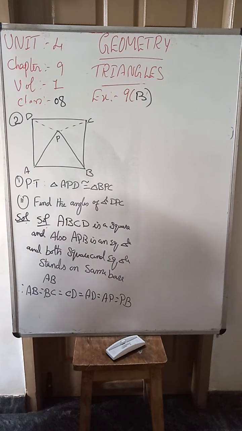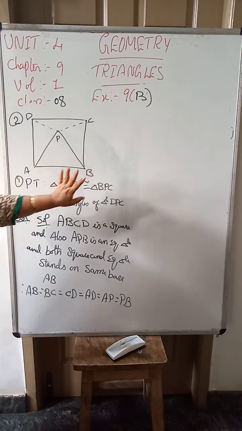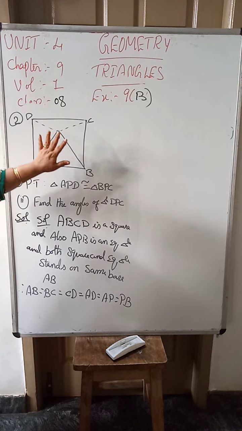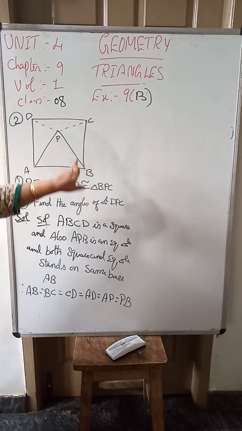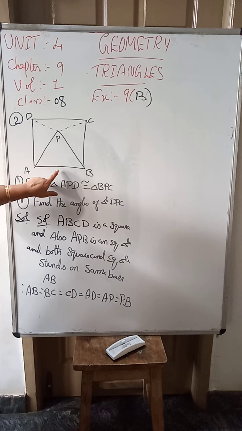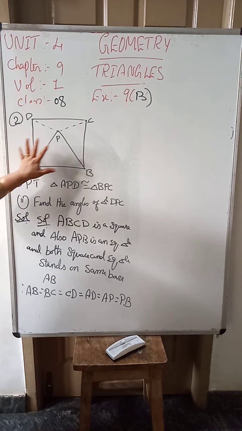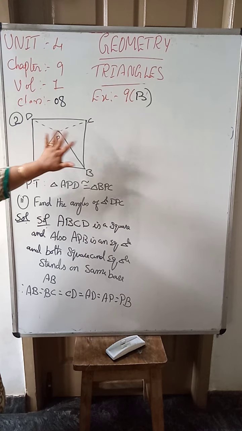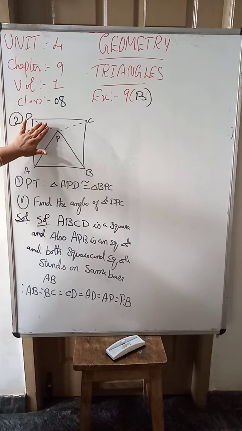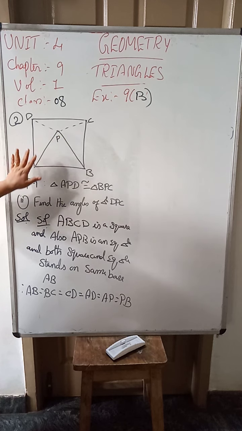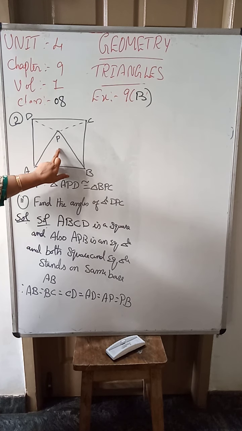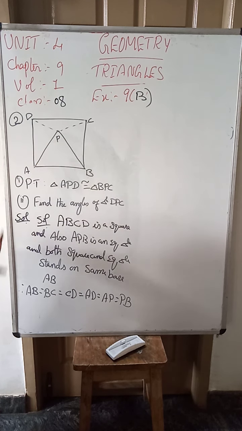Children, here in the square all the sides are equal. In an equilateral triangle all the sides are equal, and both stand on the same base AB. So here all the sides are equal, but not DP and PC. All the sides of the square and all the sides of the equilateral triangle are equal.